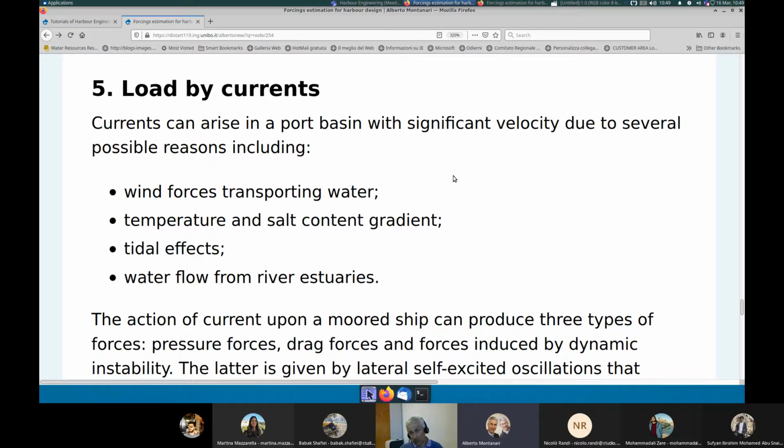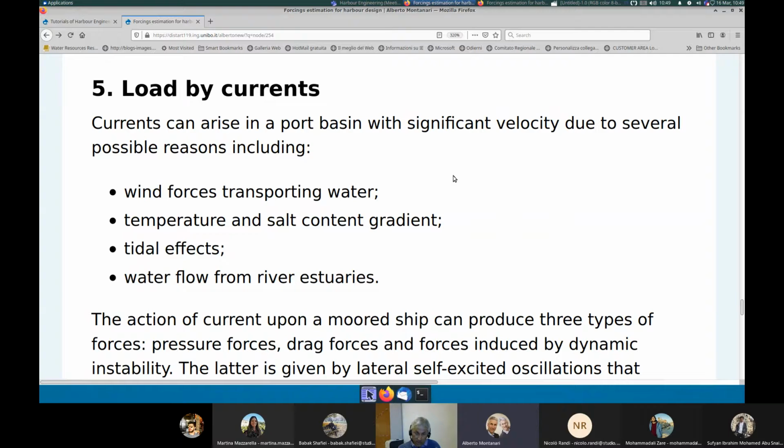Because increasing salinity means increasing specific weight of water. So if you have gradients of salinity, then a water movement is originated because you have different weight of water.